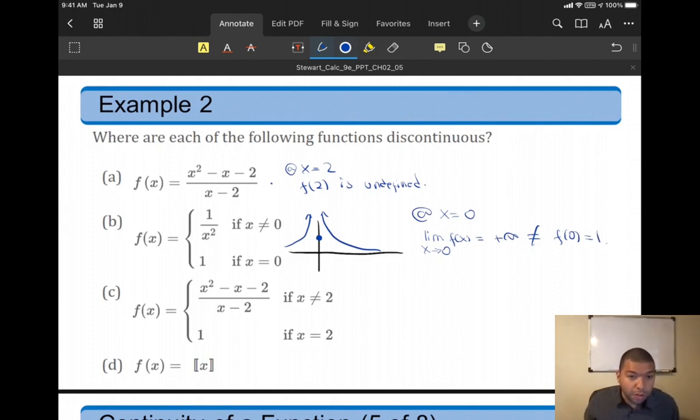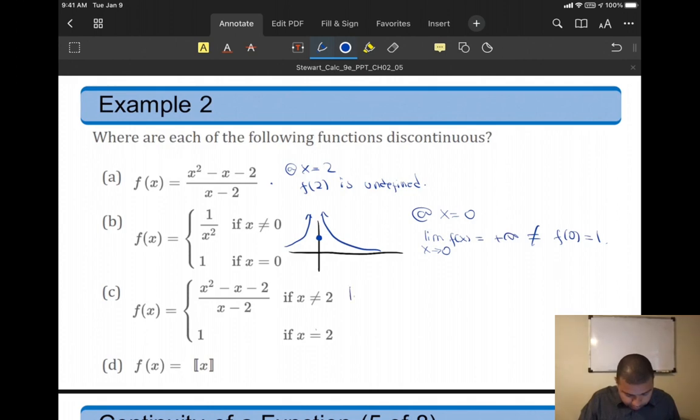Same thing for C. Whenever I have a multi-part, piecewise defined function, then you have to be careful with this point where the rule changes. Okay. So I don't know what this thing is, but I'll try and see what the limit of f of x is as x approaches 2. I don't know what the answer is, so I'll figure it out.